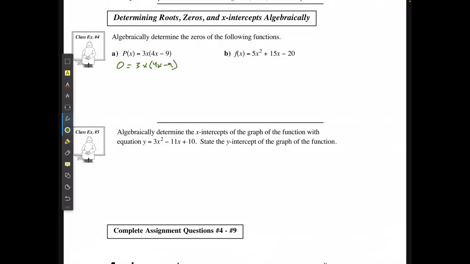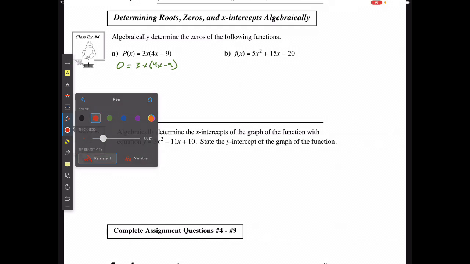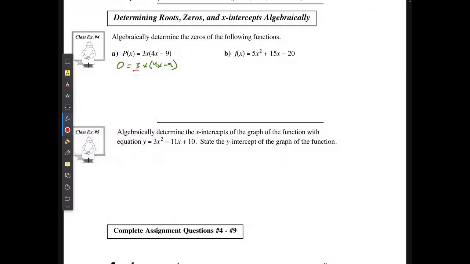All I need to know is that this is going to be 3 times x times 4x minus 9. Well, 3 can never equal 0, so that doesn't actually have an impact on what my answers are going to be. Just the x and the 4x minus 9, whichever factors have a variable.